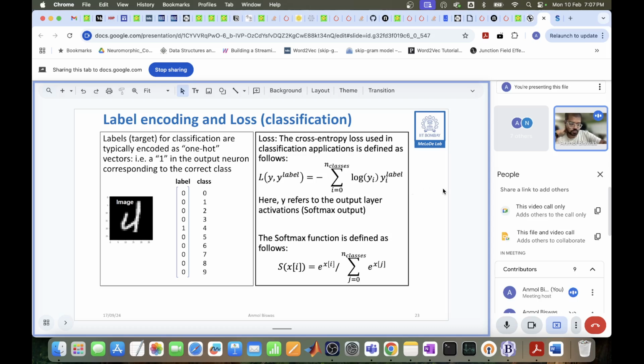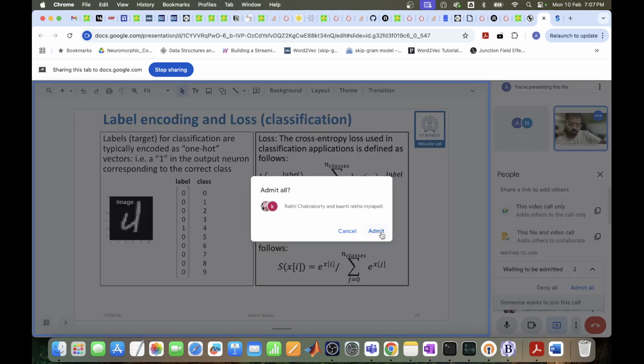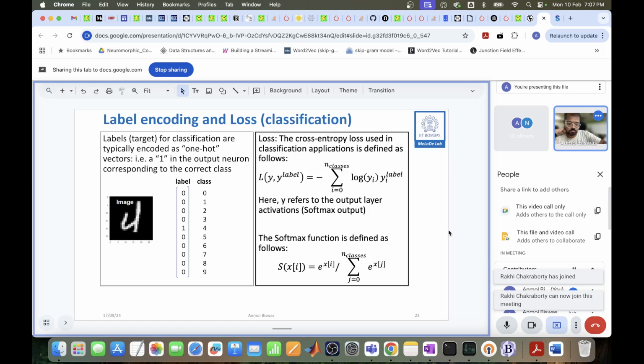This is something we have seen earlier, where you apply log on yi, right? And you multiply by the corresponding label target value, and you add it up with the negative sign, right? So you go through all of the classes and you add them, right?